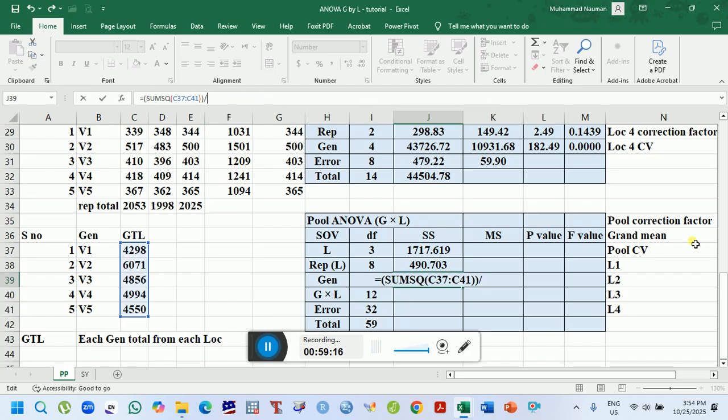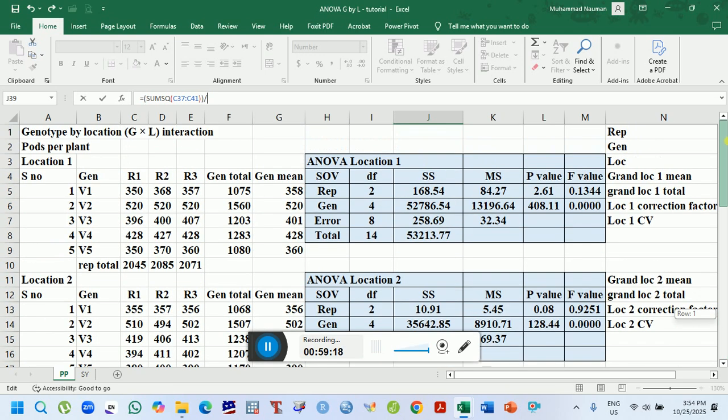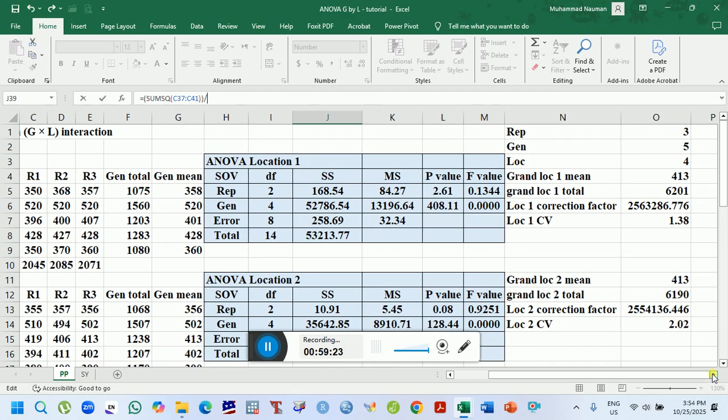Divide by number of replication, multiply by location, since we are calculating the genotype sum of square.